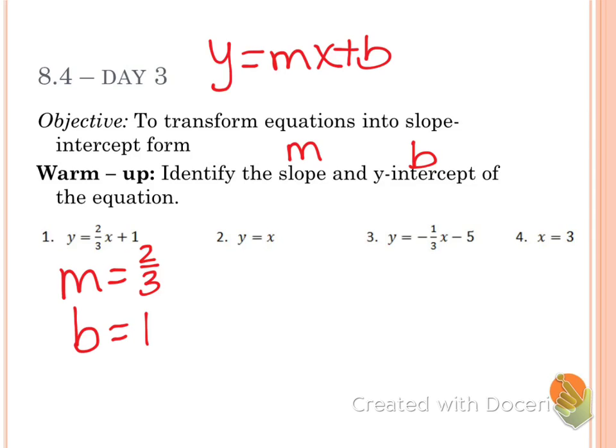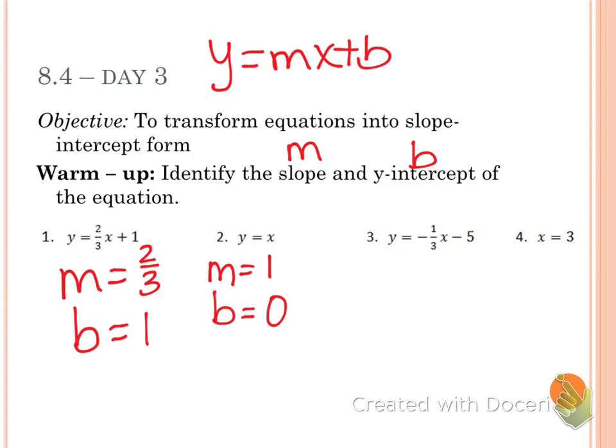Number 2 is a little tricky, but not too bad. There is still both a slope and a y-intercept. Any volunteers to tell me what they are? Ariana? Our slope is 1. What about our y-intercept? Very good.